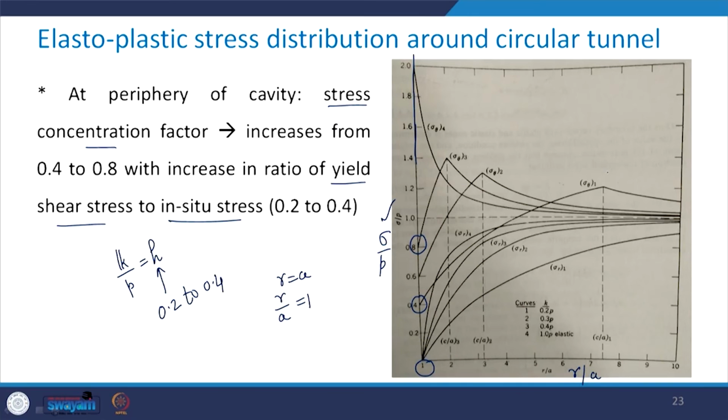So, for the first case, H is equal to 0.2, at the tunnel periphery the stress concentration factor is 0.4. For H equal to 0.3, it increases to 0.6, and when you increase H to 0.4, it increases to 0.8. Some of these salient features you must keep in mind.